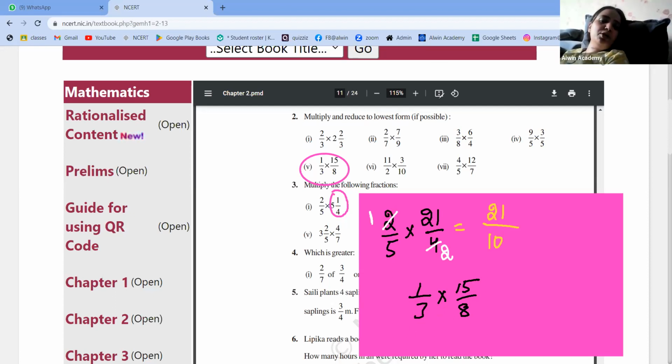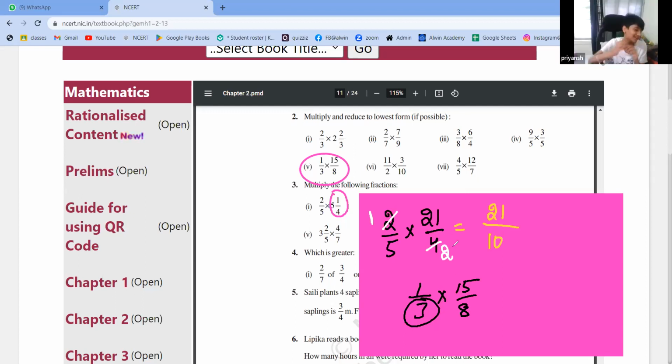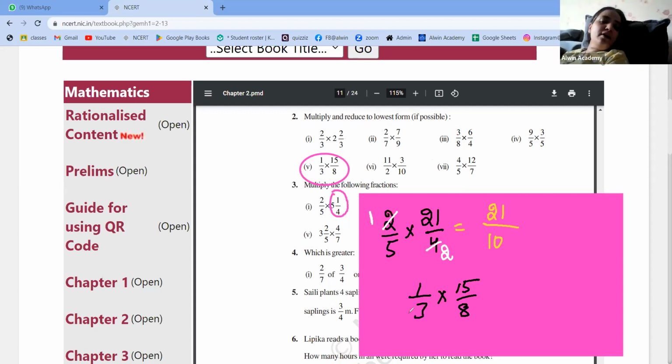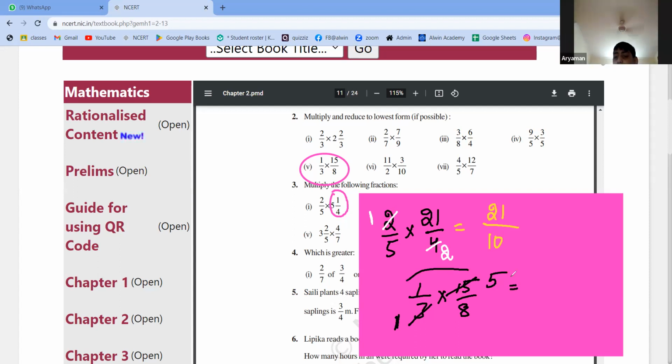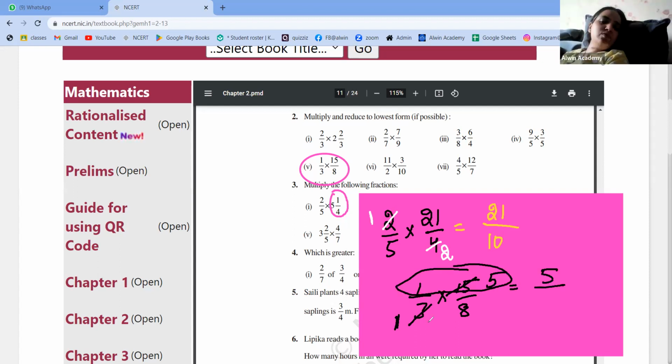This is what you need to think. Ma'am, 3. Both come in the table of 3. Now we will divide this by 3, you will get 1. Divide this by 3, you will get 5. 5 times 1 is 5 and 8 times 1 is 8.